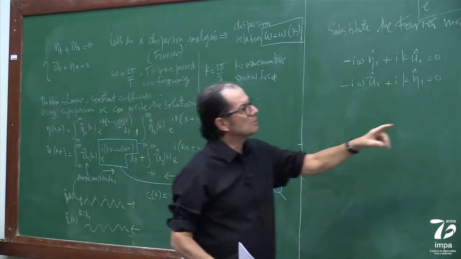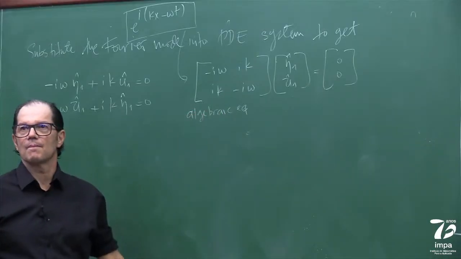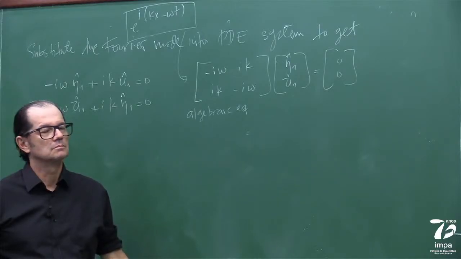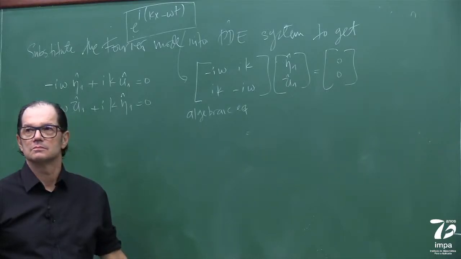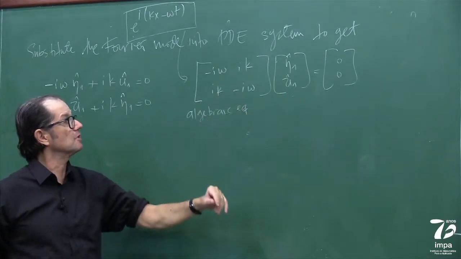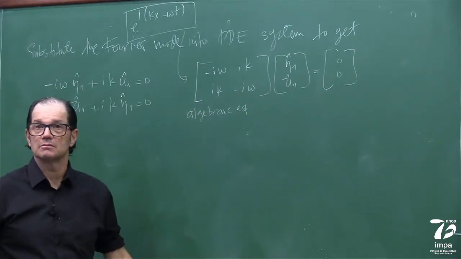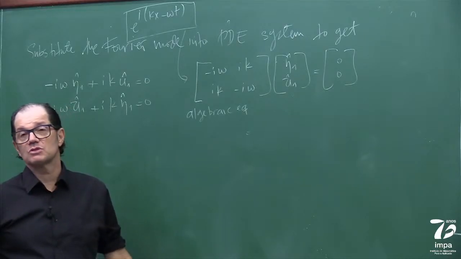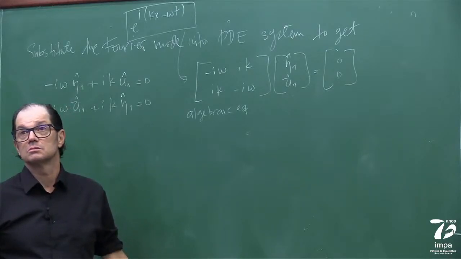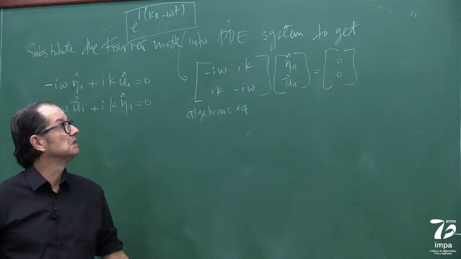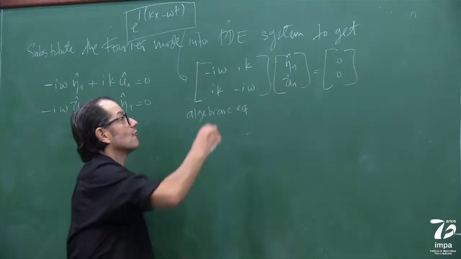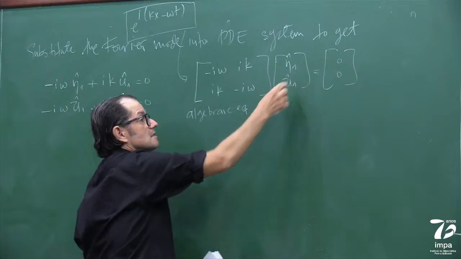So what should we ask here? Is this a good system for us? Are you happy with this system? At first I would say no, because if I don't ask for anything, it looks like these guys are going to be zero.